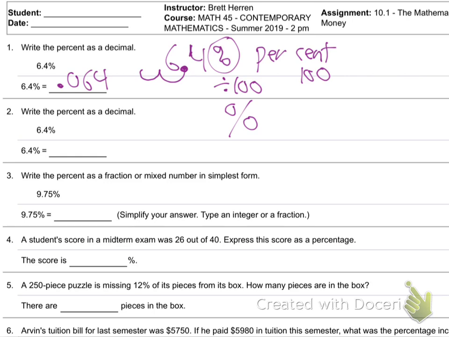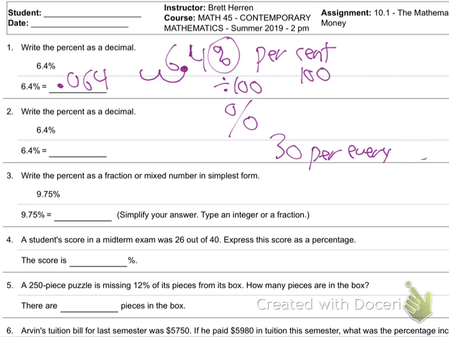Out of everybody, the whole total, a certain group within the whole total was wearing hats. But how many? 30 people for every 100. Right? It means 30 per every 100.